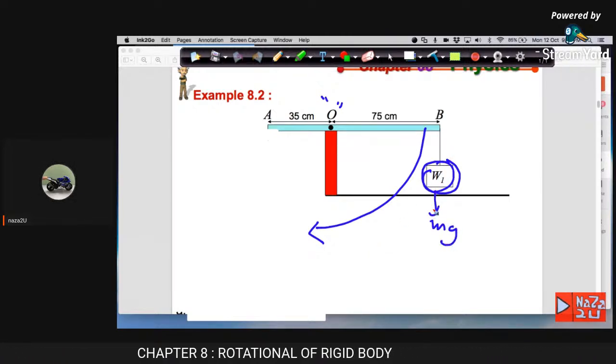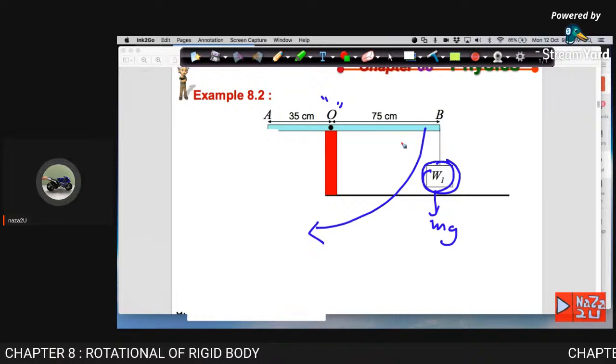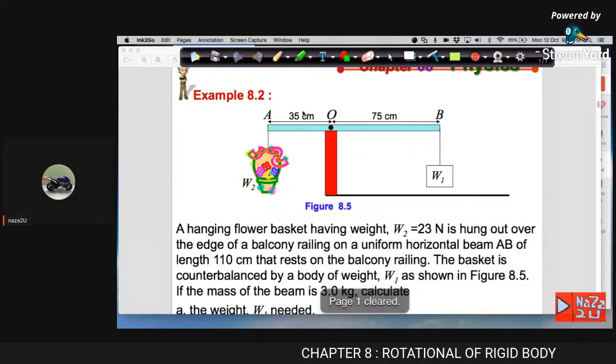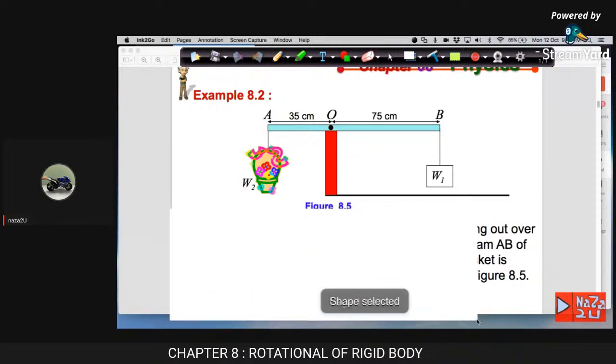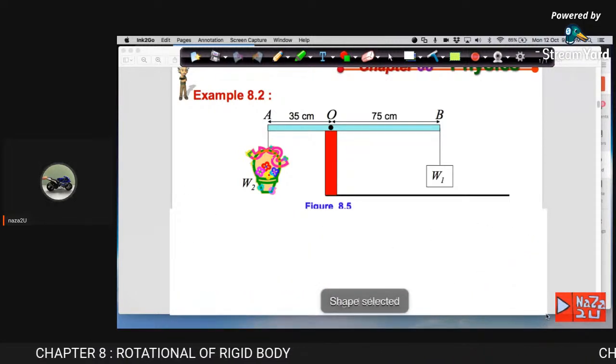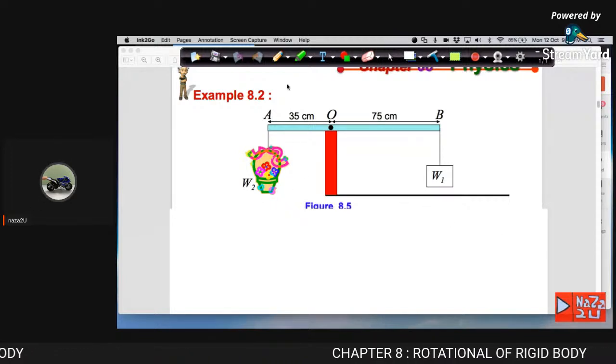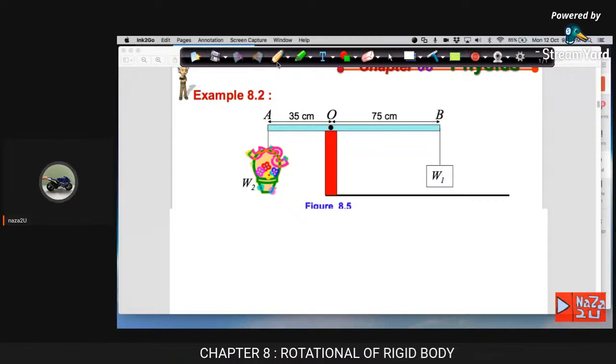Okay, pemberat kan. Alright. Tapi dalam kes ini, apa yang berlaku adalah kita ada dua-dua bekas kat sini. Right? So kita ada dua-dua bekas, maksudnya dia adalah dalam keadaan seimbang, equilibrium system.